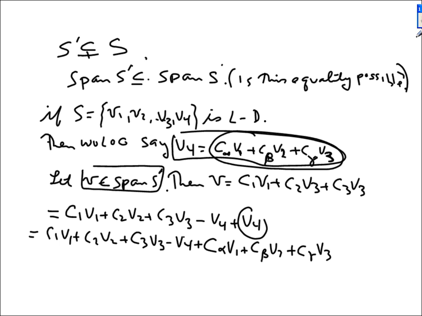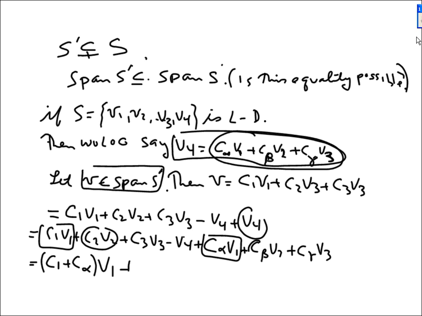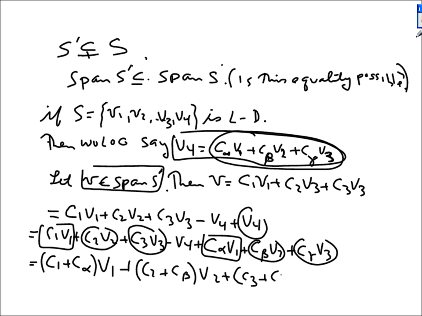Okay, now I can combine these. Both of these are multiples of V1. So I have C1 plus C alpha times V1, a multiple of V1, plus a multiple of V2, C2 plus C beta V2. I have two multiples of V3, so I have C3 plus C gamma V3, minus, I'll put a scalar in, 1 V4.